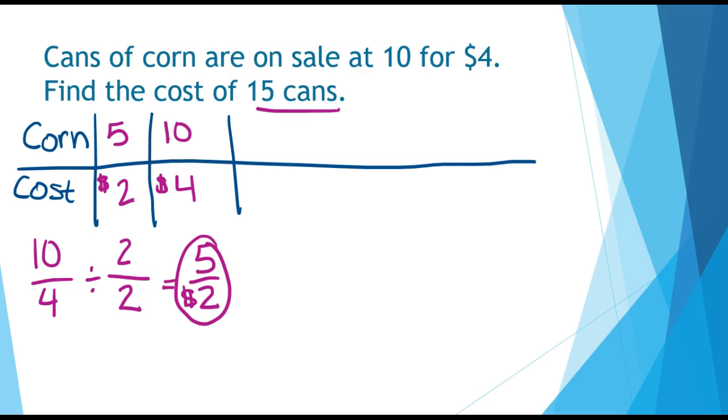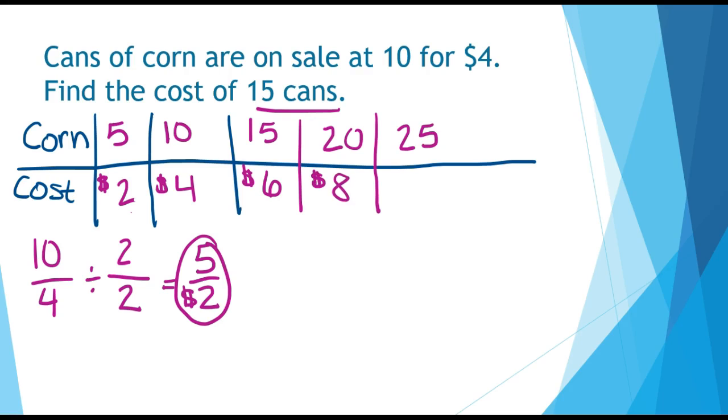What are we counting by in the number of cans of corn? 5, 10, what do you think comes next? 15, 20, 25. Okay, we don't have to keep going that high. And then it goes $2 and then $4. And then this would be $6. This would be $8. This would be $10. So how much does it cost for 15 cans?